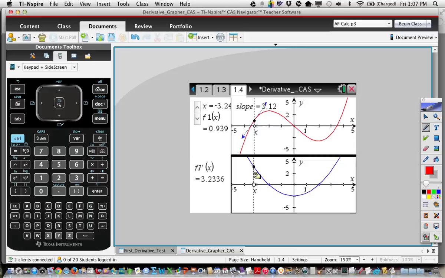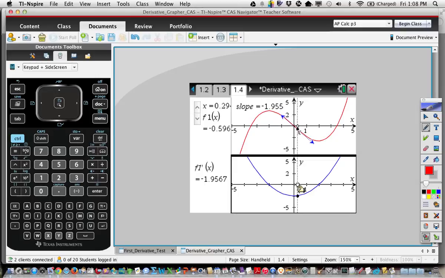What's one thing that would describe everything about the red graph right through here? Concave down. Isn't that true? During this whole time, the red graph is concave down right till there. So, what does that say? When F prime is going down, F is concave down. Seems to be the case.